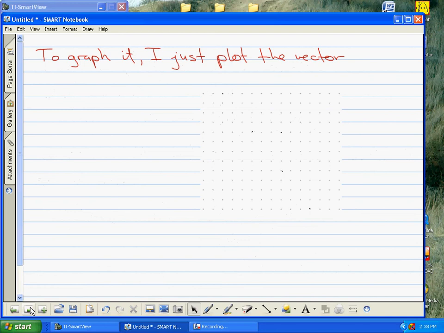To graph it, I just plot the vector. Remember, vector A was 3, negative 4, and its speed is the magnitude, 5 kilometers per hour. So first of all, if I'm going to plot it, I pick an arbitrary point, so I'm going to start right there.